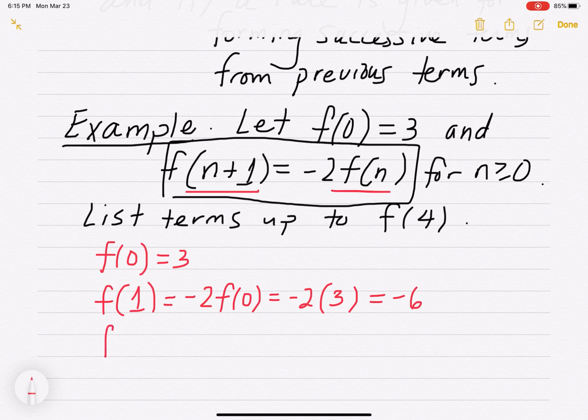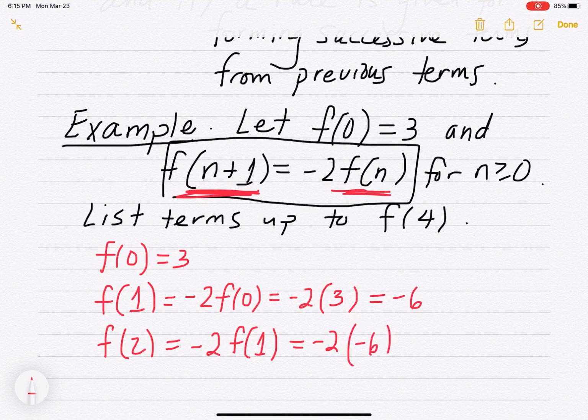Now let's find my f of 2 term. Again, if I use my recursive definition here, to find f of 2, we're going to take negative 2 times f of 1. In other words, negative 2 times my previous term, which was negative 6. Negative 2 times negative 6 is positive 12. Okay, let's scroll a little.